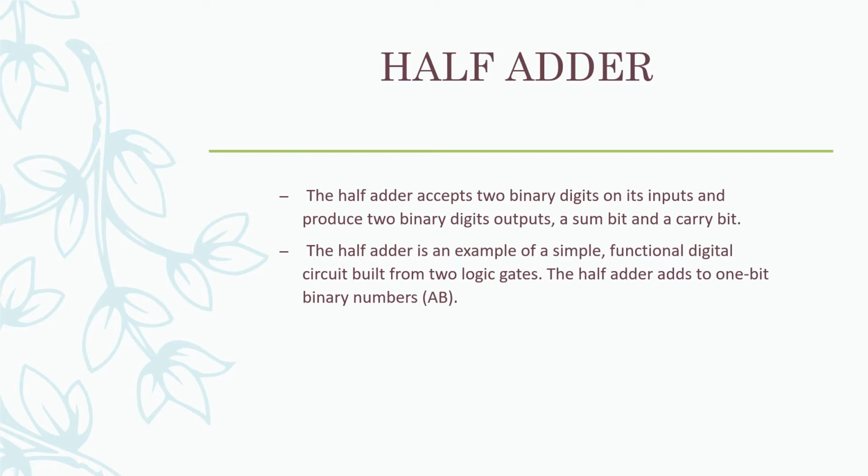The half adder is an example of a simple functional digital circuit which is built from two logic gates. The half adder adds two one-bit binary numbers. So let us see which gates we have used to form the half adder.